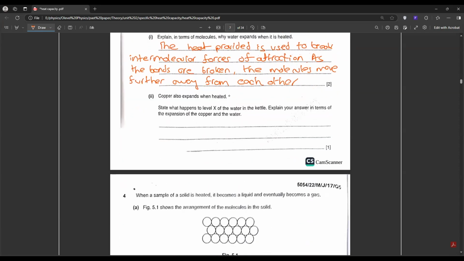So you can say X rises as liquid, that is water, expands more than solids. And what is the solid here? Copper. Simple as that, nothing complicated.